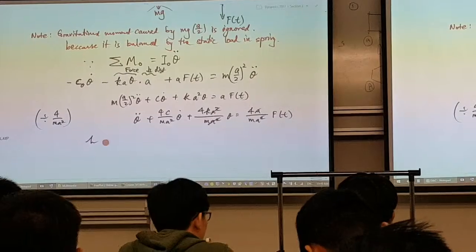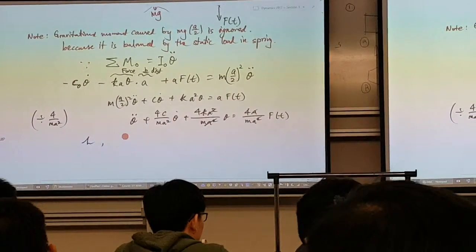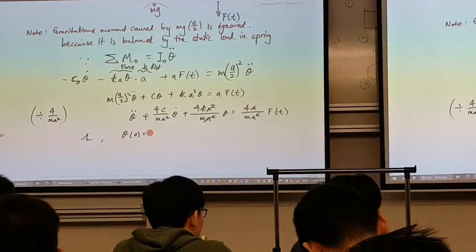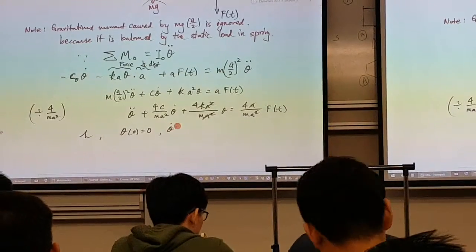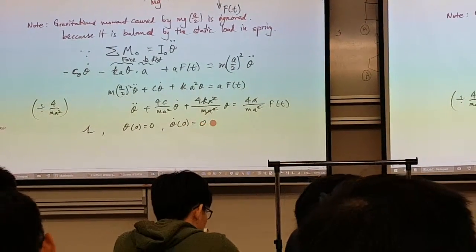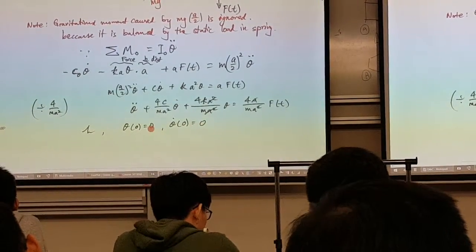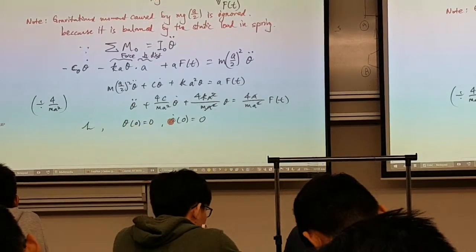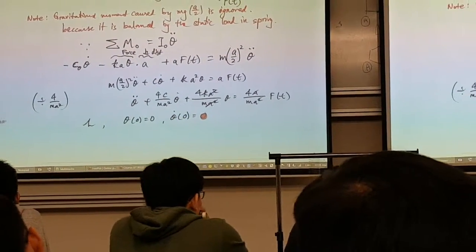And taking Laplace transformation together with my initial conditions, these two initial conditions, the position is equal to 0 at time 0, velocity at time 0 equal to 0.